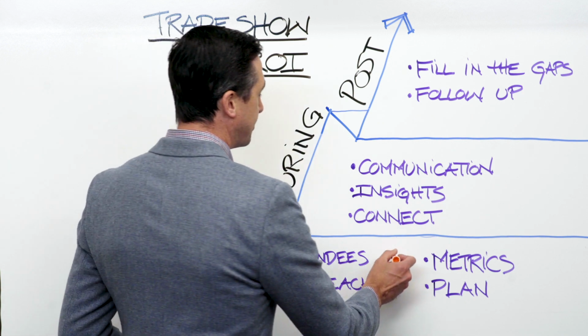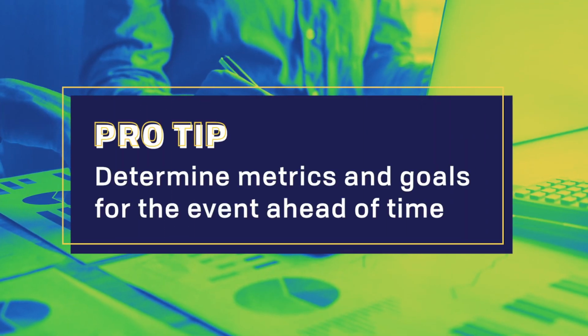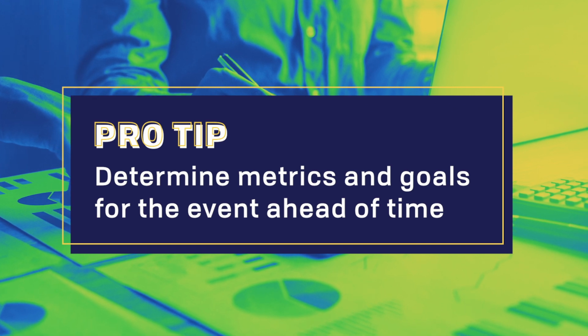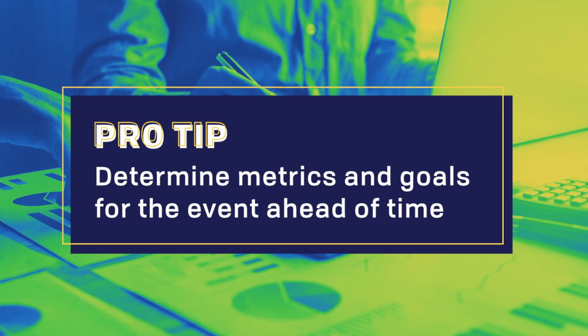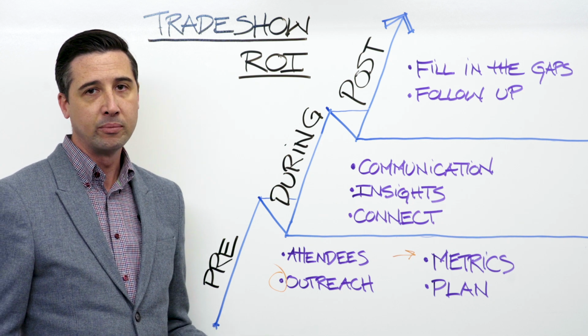The third big area is metrics. So when it comes to metrics, this is again where you want to have your sales and marketing team aligned. When we talk about metrics here pre-show, this is tied to what do we expect to gain from this show?